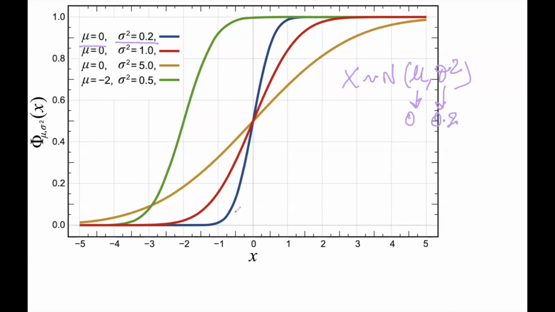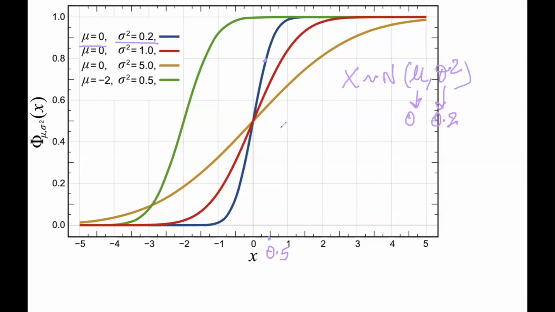Now for this blue curve, given any point, let's take this point. This point is 0.8, and the corresponding point on this axis is, let's say, 0.5. Given any point, what does the CDF height represent?